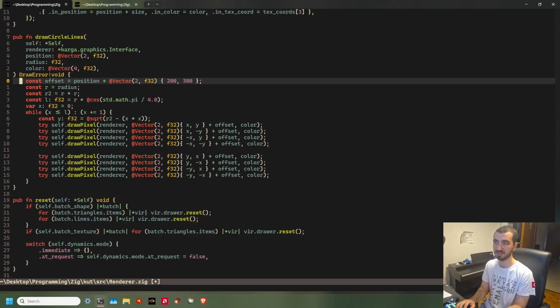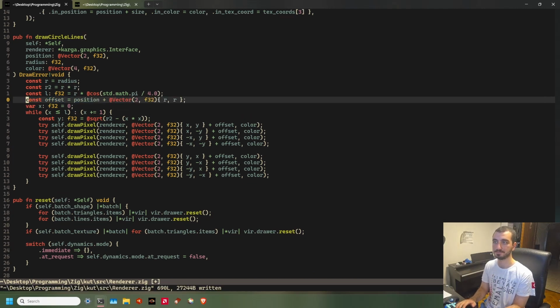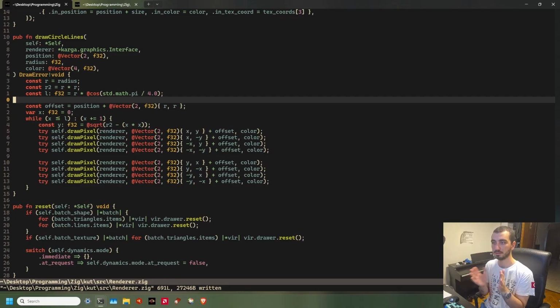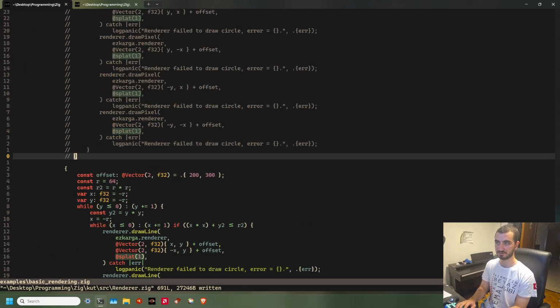We need to add the radius in here, basically. So this is the radius, and that's how we can offset it to the top left, right?